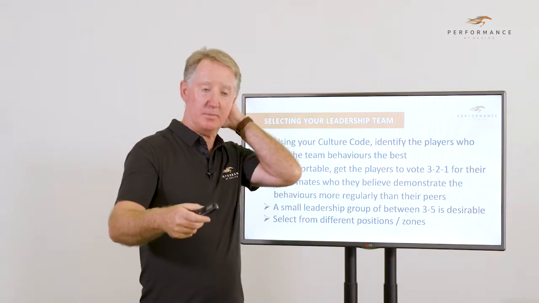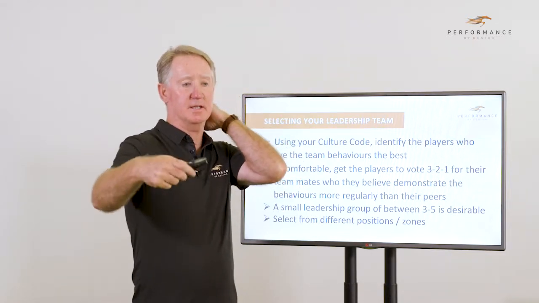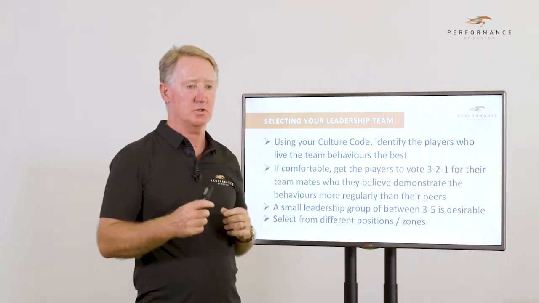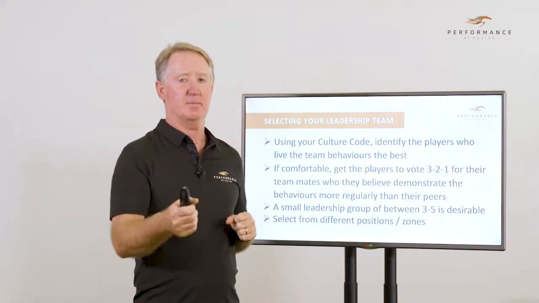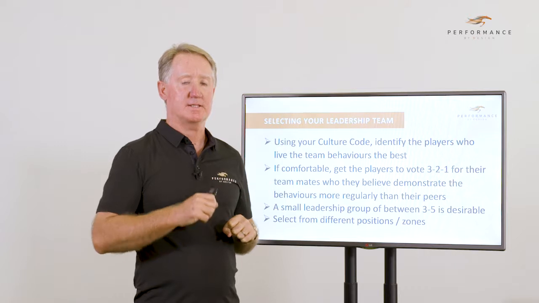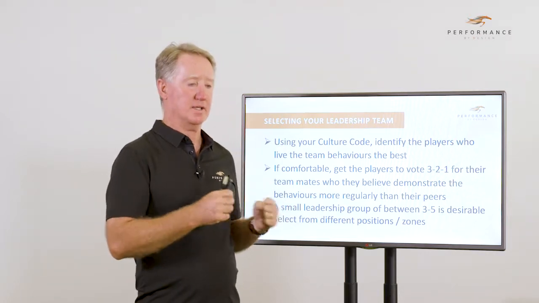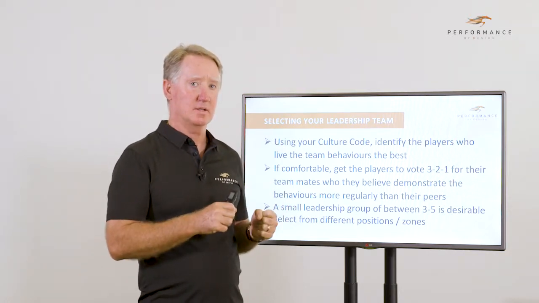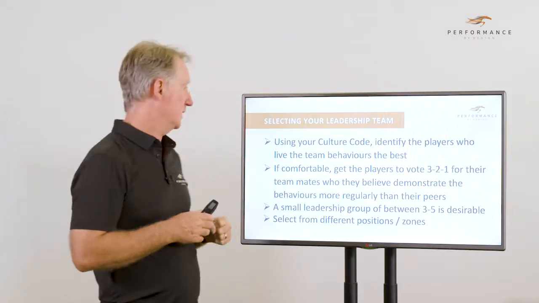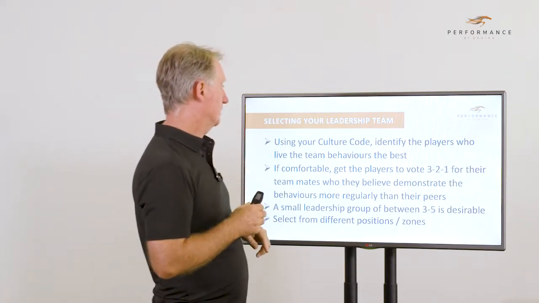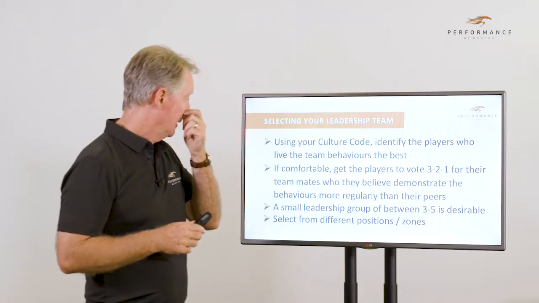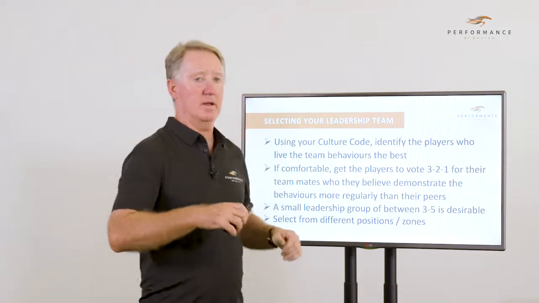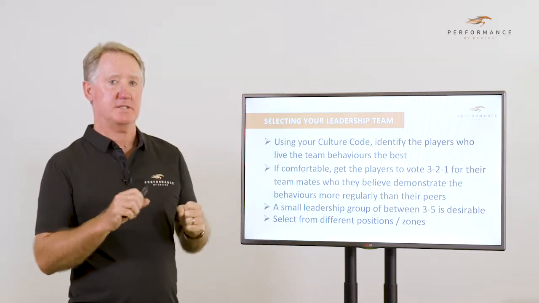In the past, what coaches and leaders of sporting teams have tended to do is to actually pick the best players. And so while that may have worked in some cases and not in others, what we would encourage you to do is to use your culture code to identify the players and the behaviours and match them up the best you can.